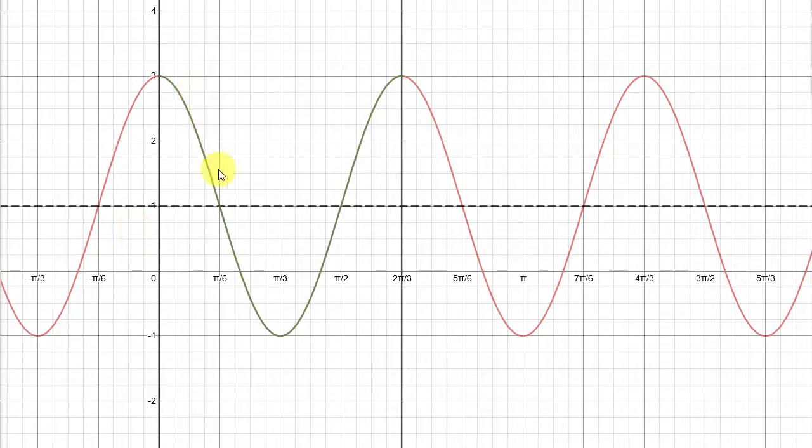This same sinusoidal graph has to be identified as a cosine function.